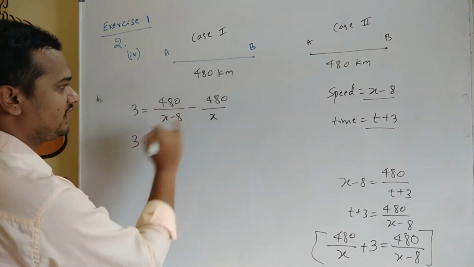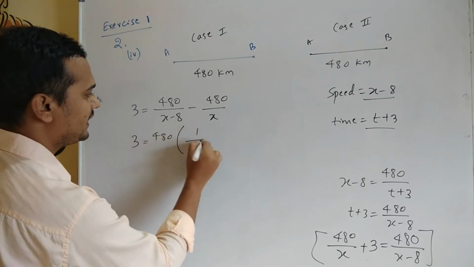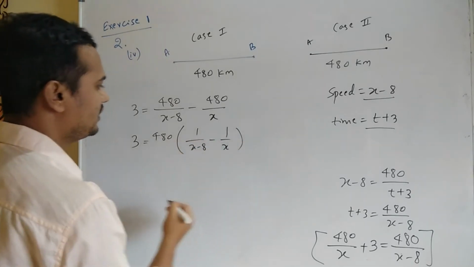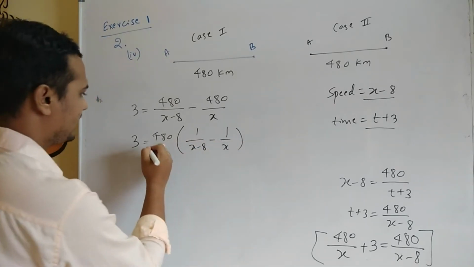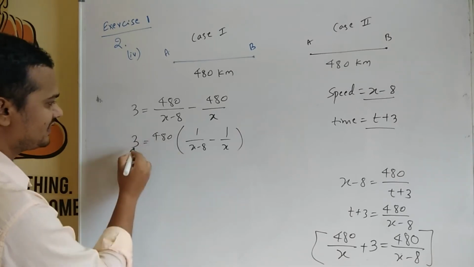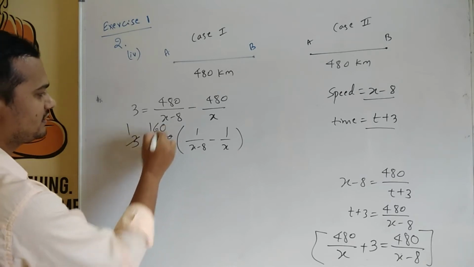Just take 480 common. So if I take 480 common, then I will get 1 by x minus 8 minus 1 by x. Okay? So now, keep this as it is, or you can cancel it out. 3 ones are 3, 3 160s are 480.